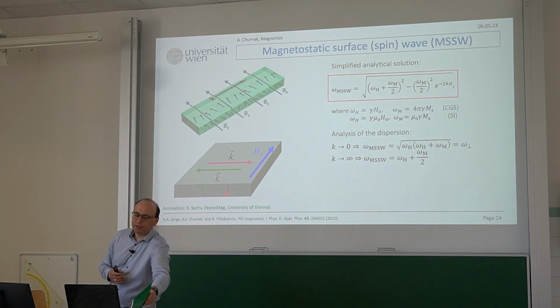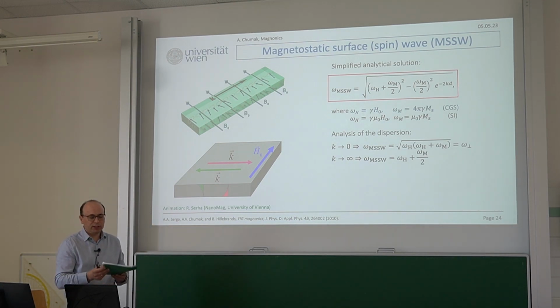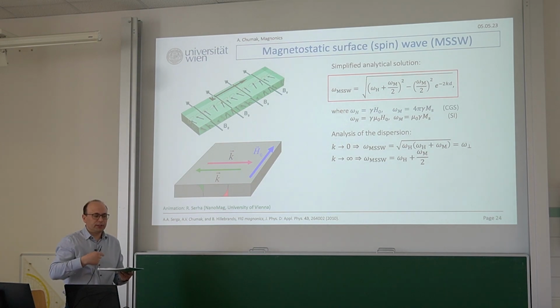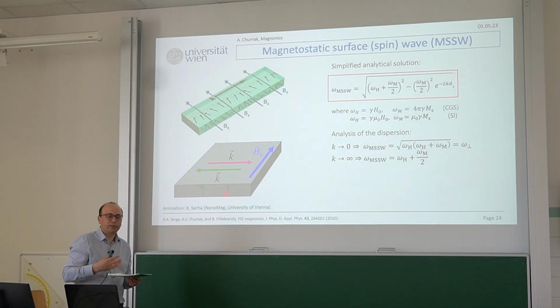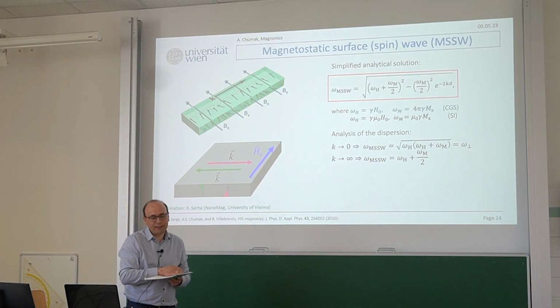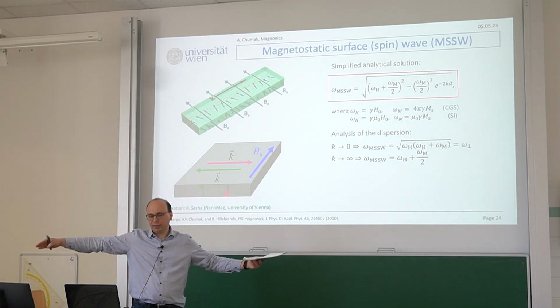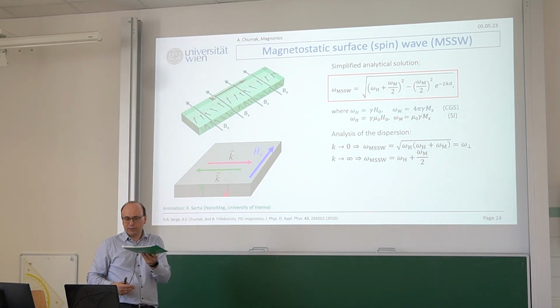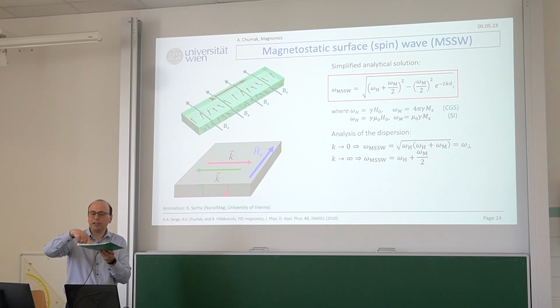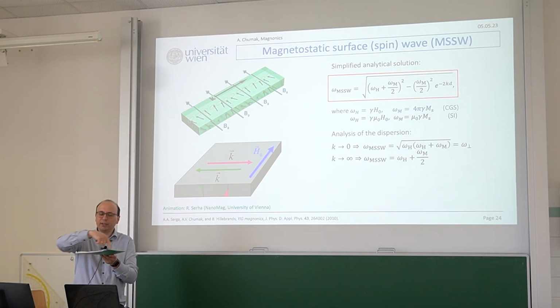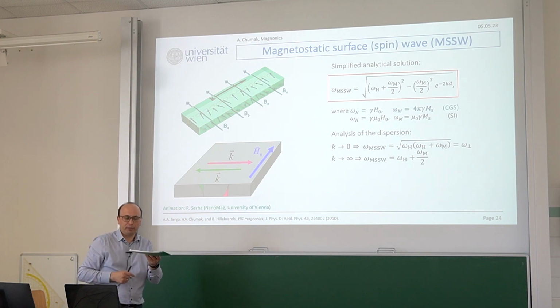So what does ferromagnetic resonance mean? It means that k is equal to 0. So you can see it as a spin wave with infinitely large wavelength. It means that if you take our sample with infinitely large wavelength, k equals 0, all spins are precessing in phase in the whole sample.